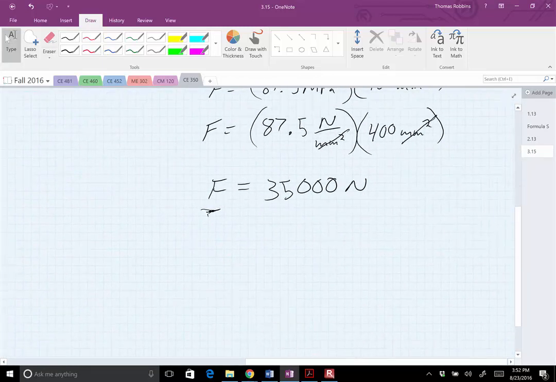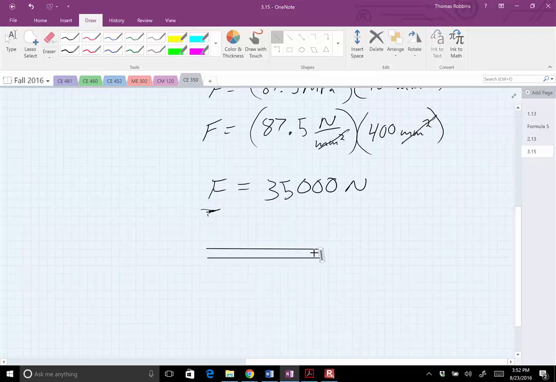Now, let me zoom out again and draw a free body diagram. Maybe that will help explain it. So now we have this member here, and I have some reactions and forces occurring. We can draw P at the end here. So this is P. I can draw the force of 35,000 newtons. Let's always assume positive, so it's forces up that way.